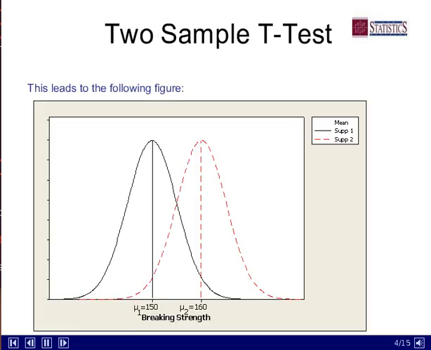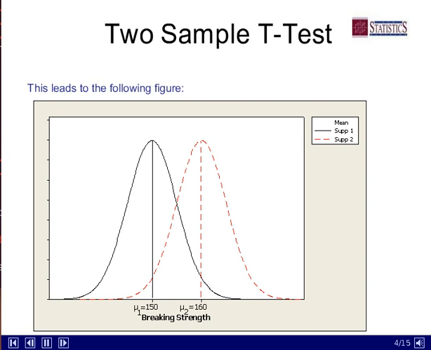If we look at a figure or a graph, that would then give us this kind of picture with that assumption. Because we are assuming that we have the same variation estimate, then our curves, here drawn with normal curves because that is another assumption, would be bell-shaped curves with the same variation or same type of spread. So what we're looking at then is just whether one curve is shifted from the other.